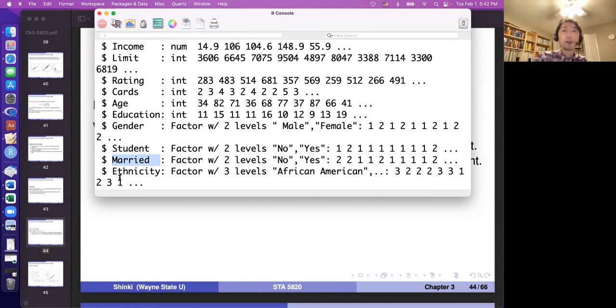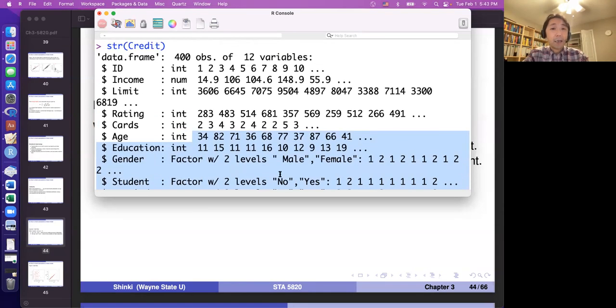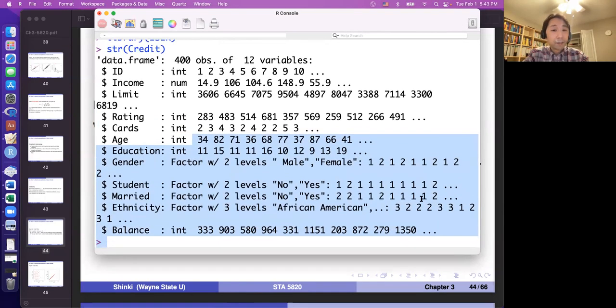When I was a graduate student, I got a credit card with very low credit limits, but at least it's worth trying. So student status is another factor that determines, for example, credit limit.